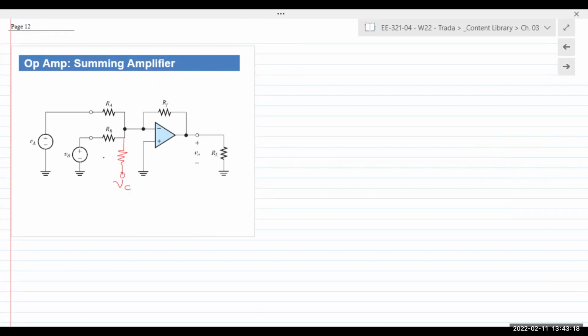Let's call this VC and RC. This is feedback resistance RF, current IF, current IA, IB, and IC.